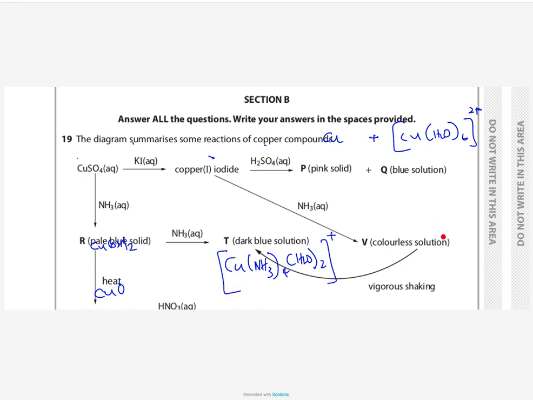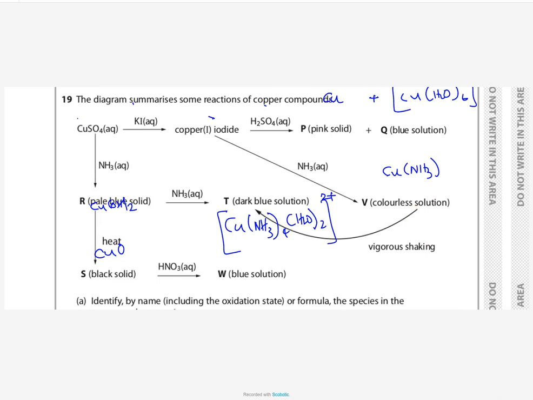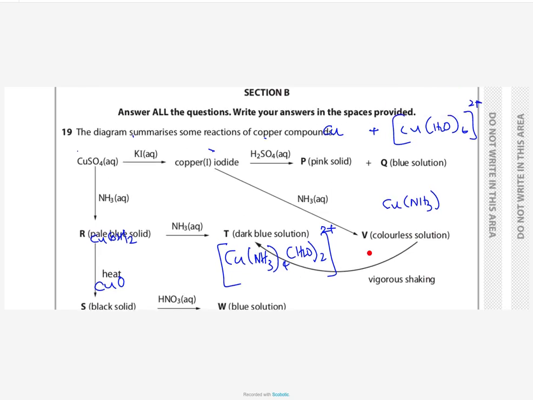So what's this colorless solution here? It has to be a copper 1 ion. Copper 1 is colorless. So copper 1 with ammonia forms a complex. It should be a copper 1 complex with ammonia.